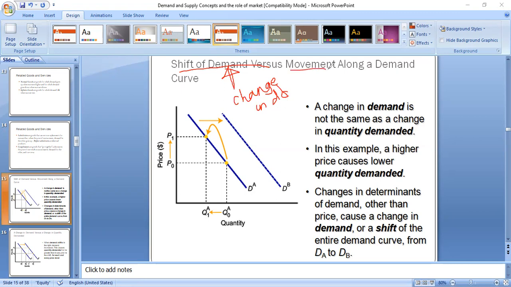Then the movement along the demand curve is basically the change in the quantity demanded. The change in the quantity demanded actually explains the law of demand.